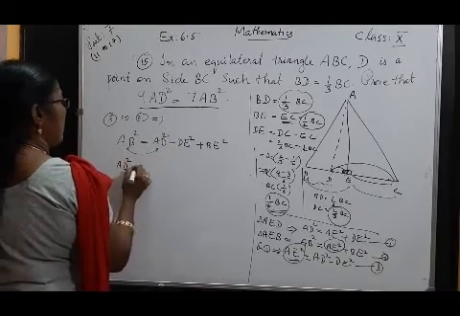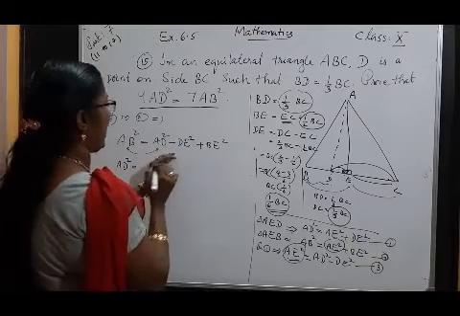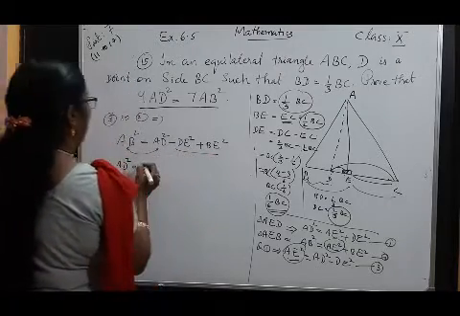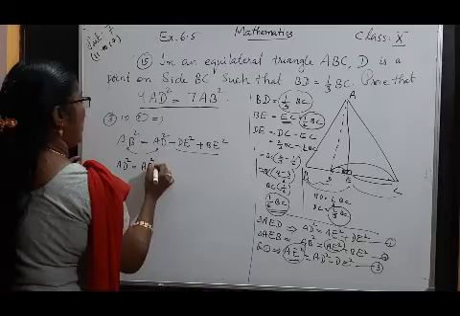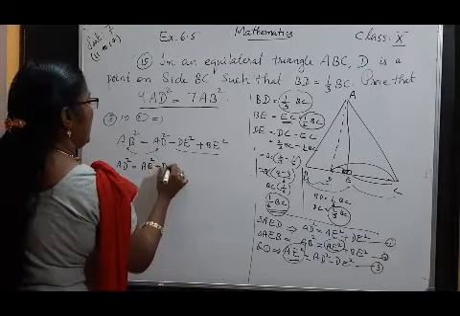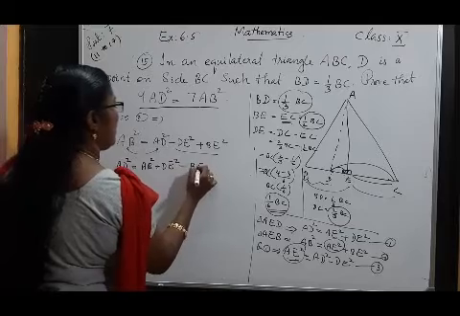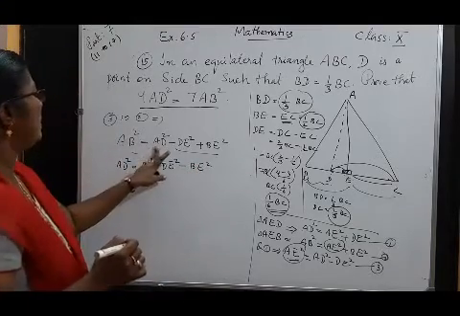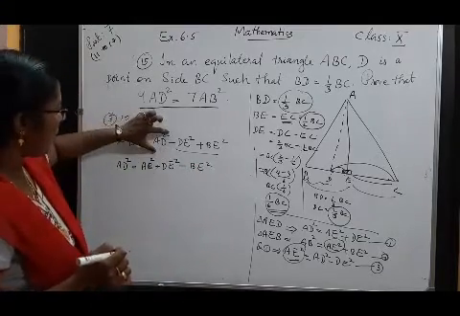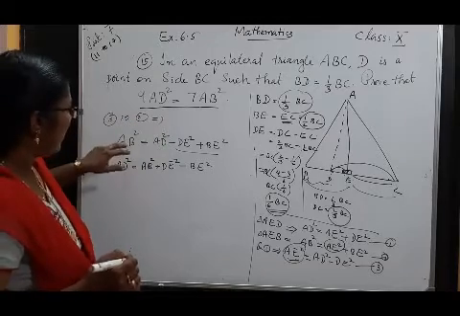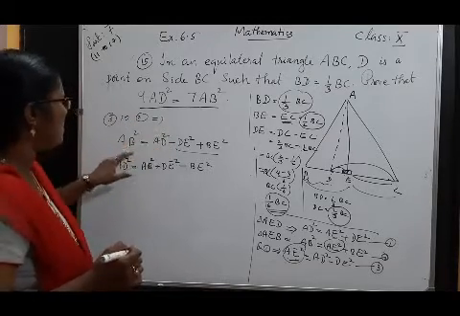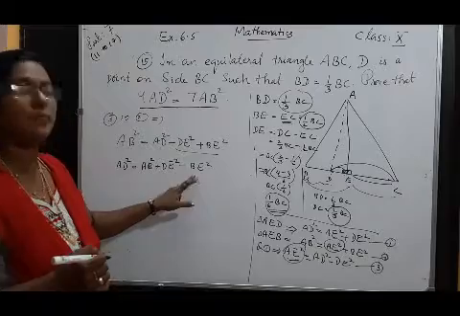AD square equals, transpose this on the left side, AB square plus DE square minus BE square. Okay, here AD square equals AB square plus DE square minus BE square.